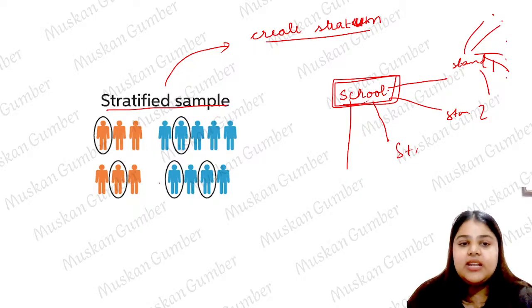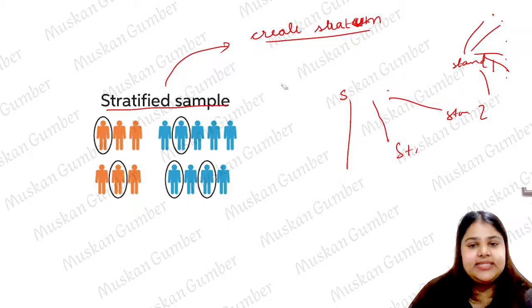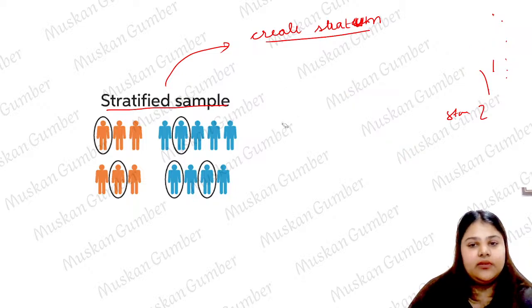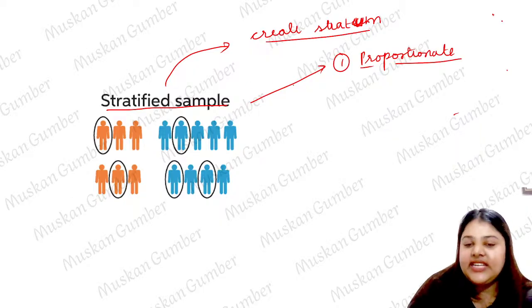Clear, everyone? Now how do we do sampling in this type? There are two ways in which I can collect a sample. First is proportionate stratified sampling.